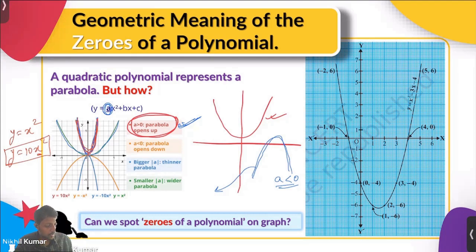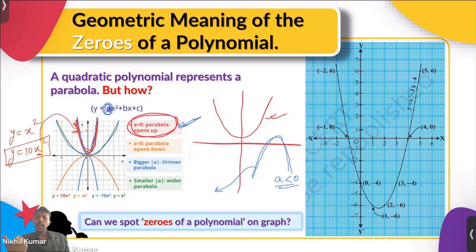And that's why 10x square will be represented by this graph, the narrower parabola. Okay. So these are the two things. It's going to help you in calculus also when you learn about transformation of graphs and functions. So yeah, do make a note of these things.